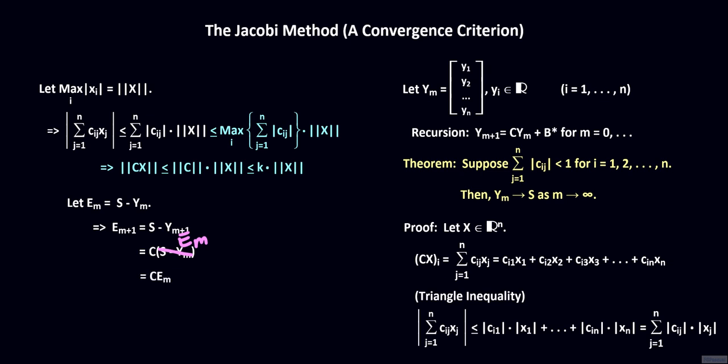Applying this inequality, the norm of E sub m plus 1 is less than or equal to the norm of C times the norm of E sub m, which in turn is less than or equal to k times the norm of E sub m. Hence, we can compare the sequence of the norms of the E sub m's to a geometric sequence.